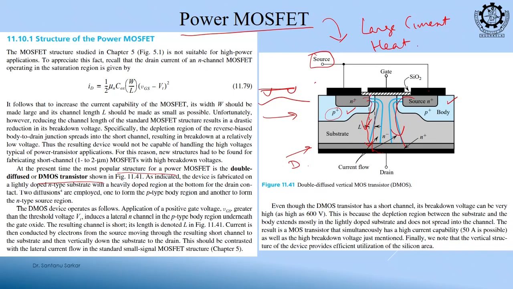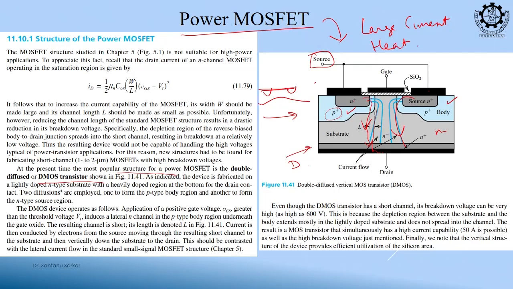But here these junctions are separate, no continuation. This device is fabricated on a lightly doped N type substrate. So, this substrate is N type and this is P type. Okay. So, just understand that the structure is different.